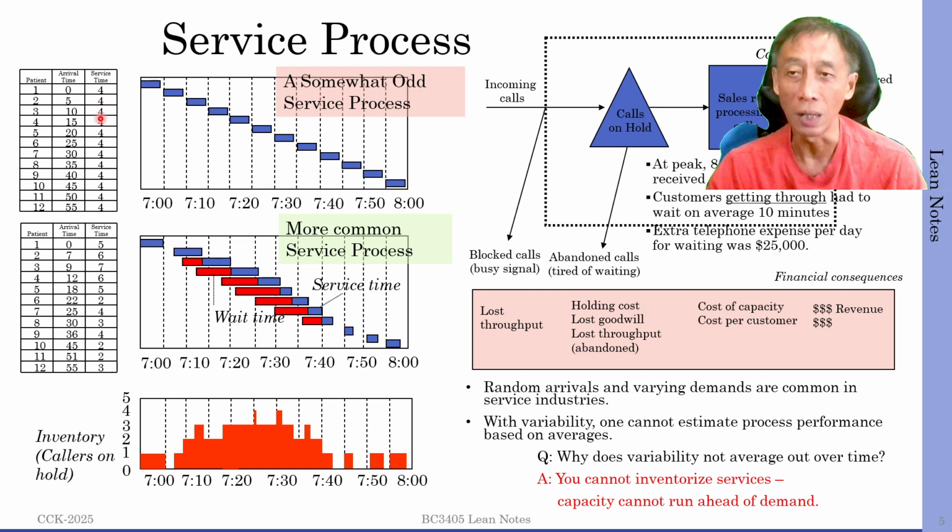And of course, you see that all the patients are treated with exactly the same 4-minute amount of time. That is really unusual, right? That's why it says somewhat odd service process. Not only that, the service time is very constant, exhibiting 0 standard deviation.